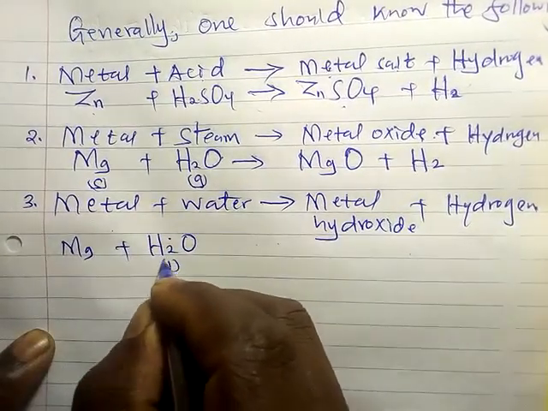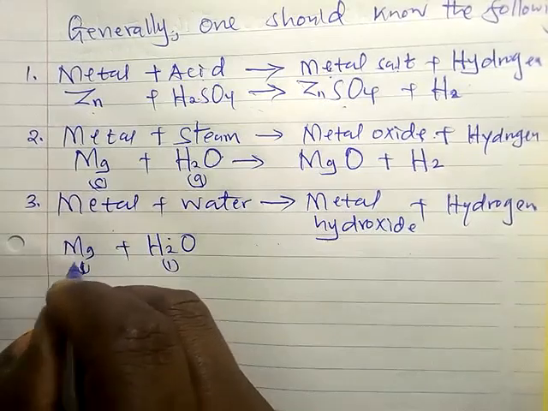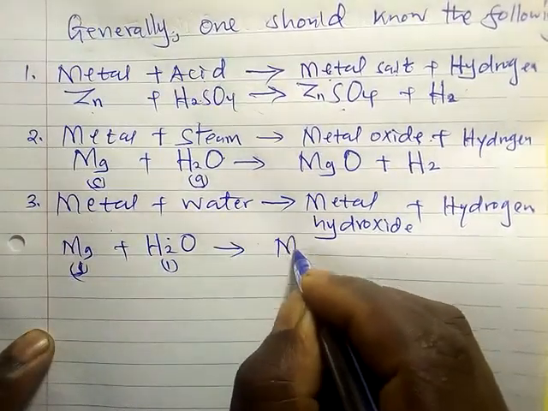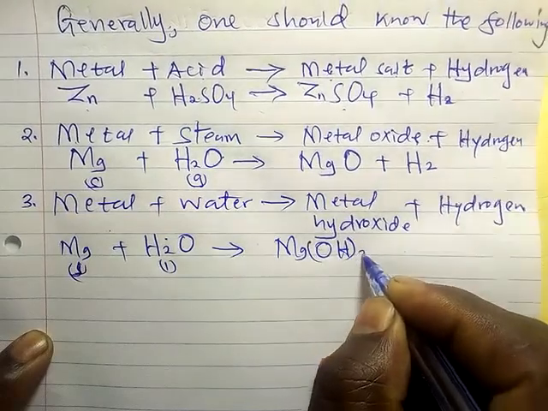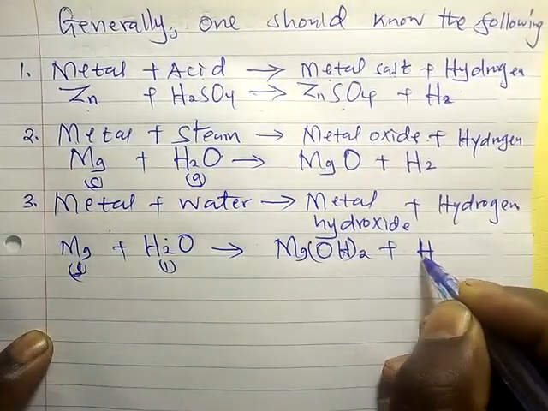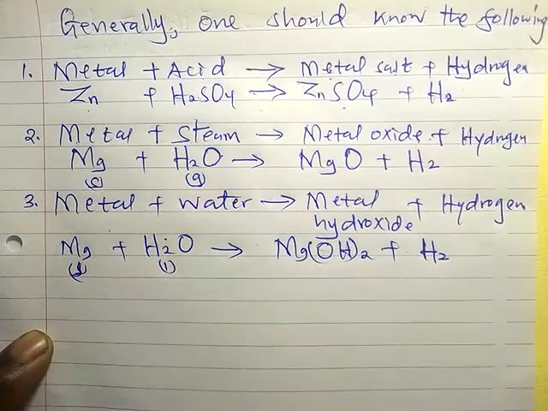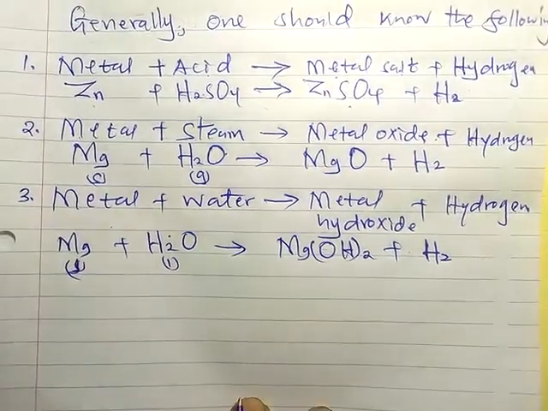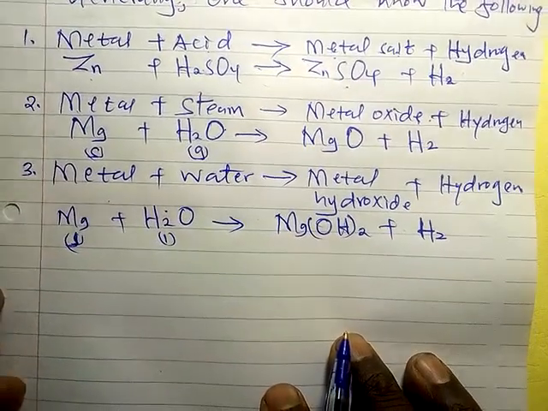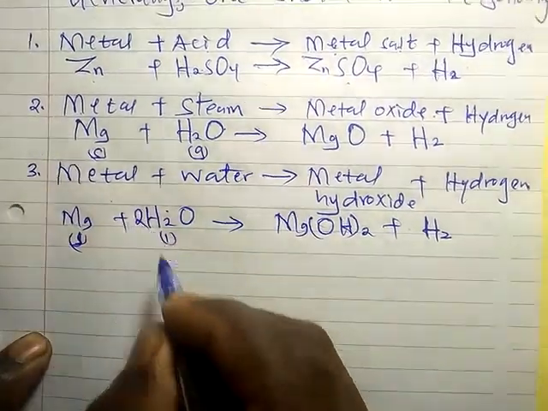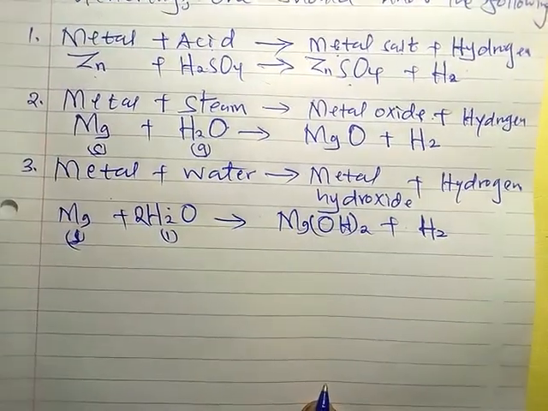Now this water is in liquid form. This one will give you magnesium hydroxide plus hydrogen gas. The equation will need to be balanced, so we are not talking about the balancing, but that's how the equation will be. But we have to put 2 here to balance the equation, as simple as that.